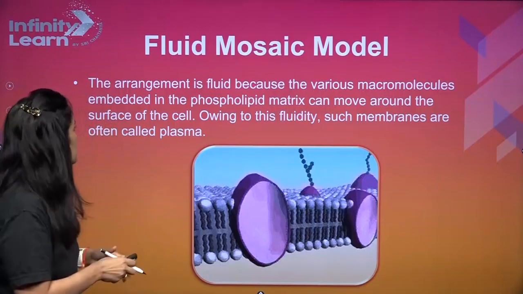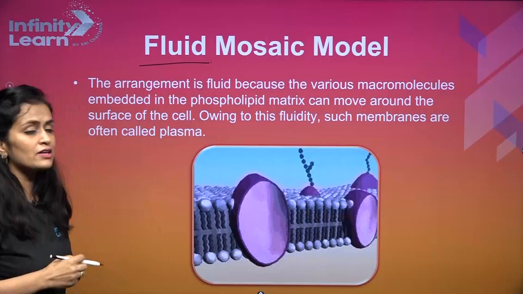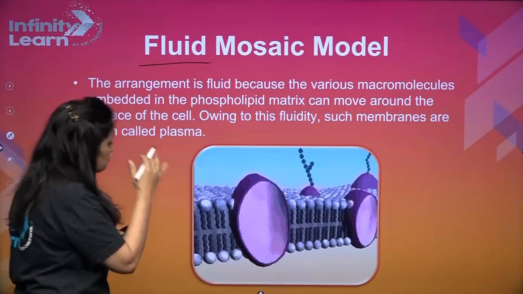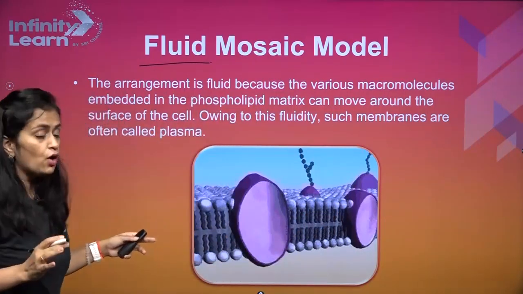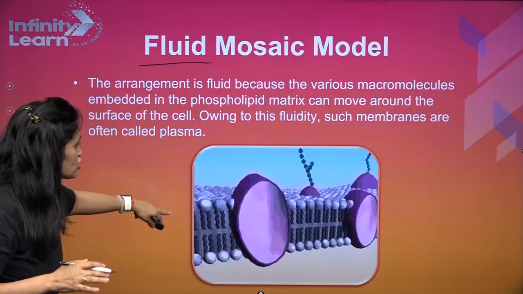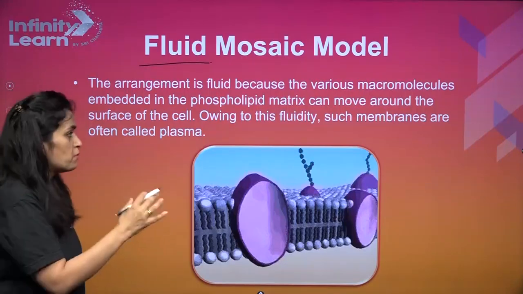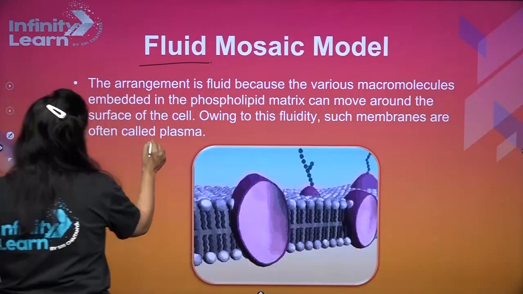Now, I'll explain why it is fluid as well. We'll try to understand why it is the fluid mosaic model. The arrangement is fluid because of the various macromolecules which are present. It is arranged in such a way that it has fluidity, and such a property is called plasticity.